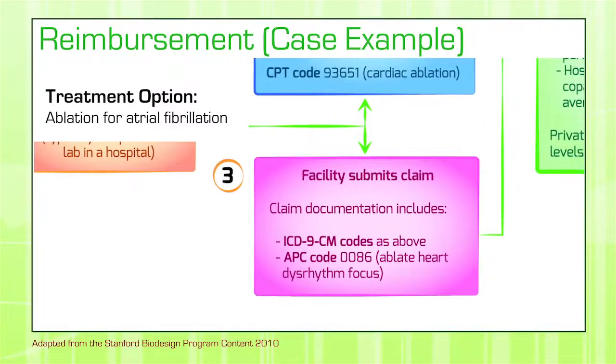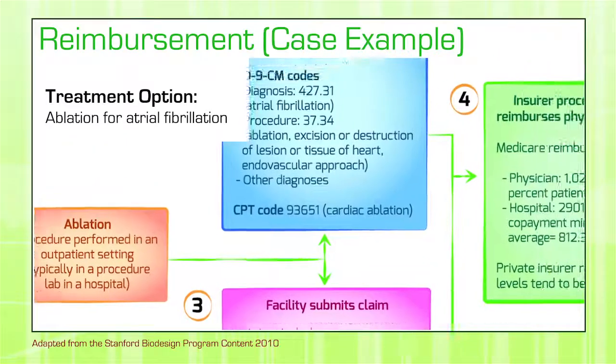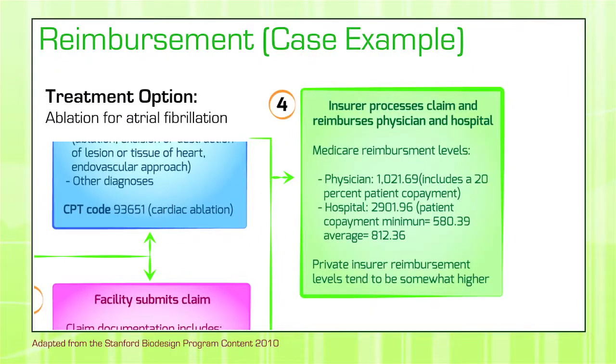The ones that apply to the facility are the ICD-9 CM codes too, but also the APC codes, which we're going to see how these codes interact together to get, at the end of the day, a reimbursement that is equivalent to, and a little bit more than, what the hospitals and the doctors invested in this procedure for the patient.